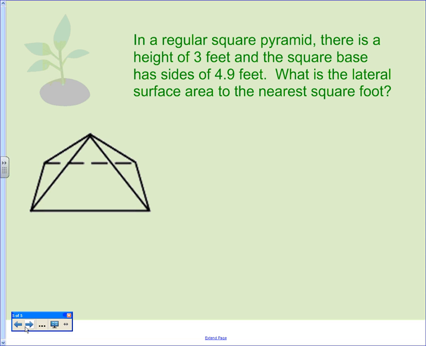Good question. How do you get the slant height? What do we know about the figure? Yeah. And we know that the height is 3, right? What is the length of this right here?